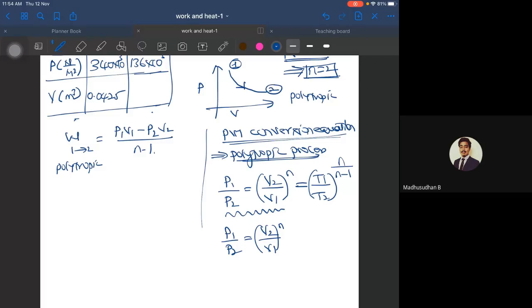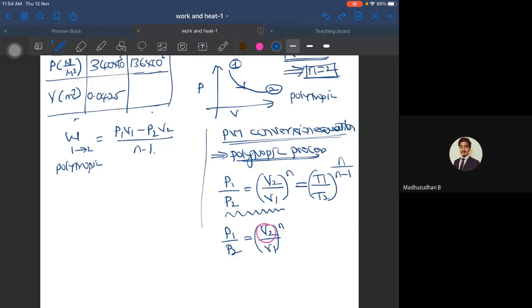From here, I need to extract the value of V2. How to extract it? It is nothing but V2 to the power of n and V1 to the power of n.